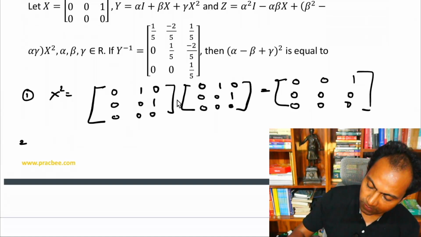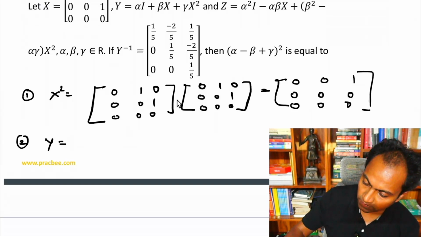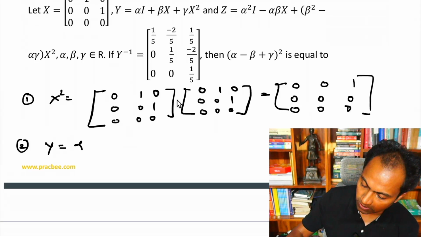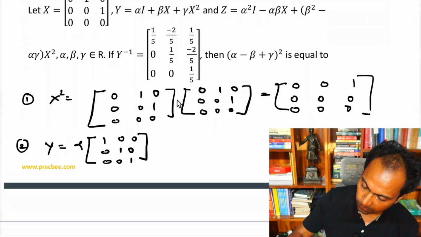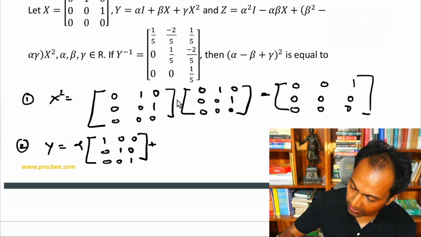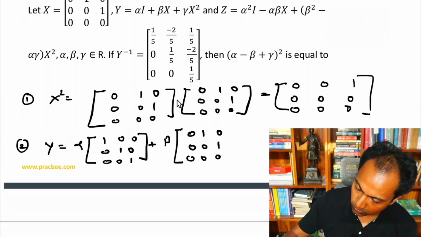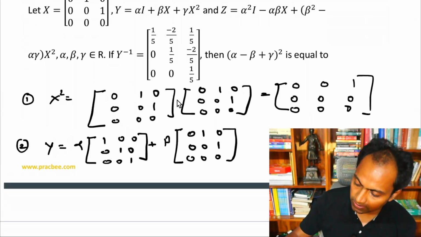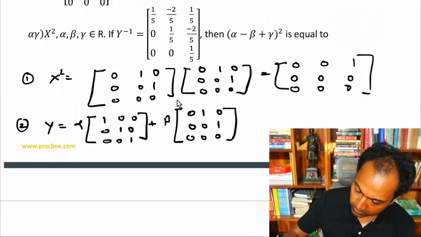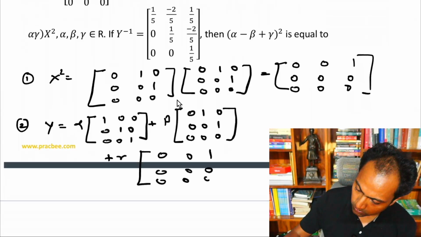Now in the second part, we will get the value of y, because they have given us that it is equal to alpha times I, that will become [1, 0, 0; 0, 1, 0; 0, 0, 1], plus beta times x, x is nothing but [0, 1, 0; 0, 0, 1; 0, 0, 0], and ultimately gamma times x square, which is [0, 0, 1] and all other elements are 0.